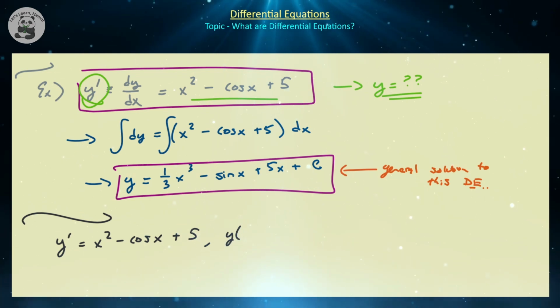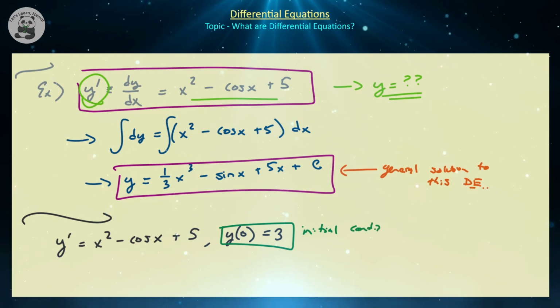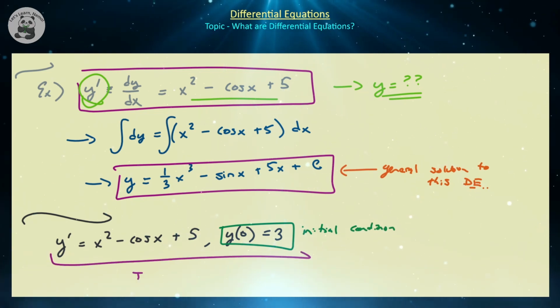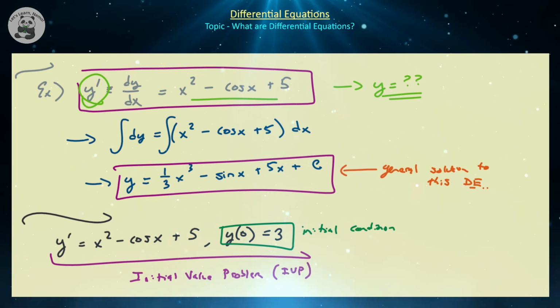Let's assume that when x is equal to 0, y is equal to 3. Some people will refer to this as an initial condition, and this whole entire statement as an initial value problem. Some people will abbreviate that as just IVP.